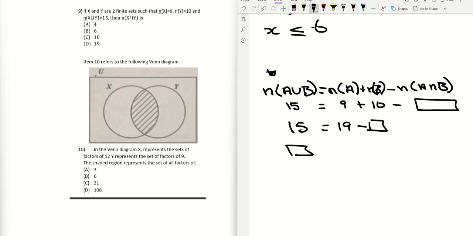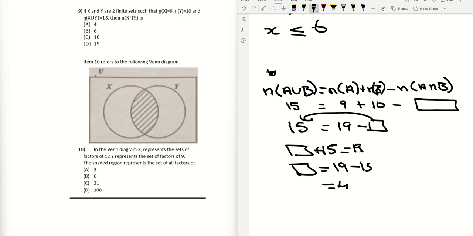But if you want, we make this box positive, so it'll be this box plus 15 is equal to 19. If we make the box the subject, it'll be 19 minus 15, which is equal to 4. So my box here is equal to 4, which is A. So my answer for number 9 is A.